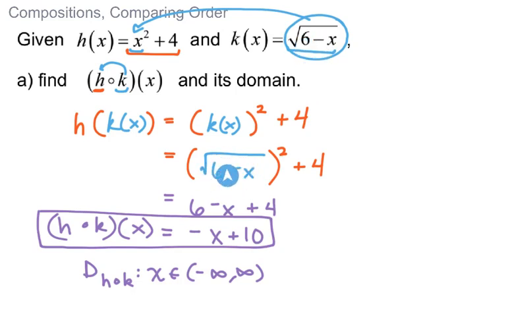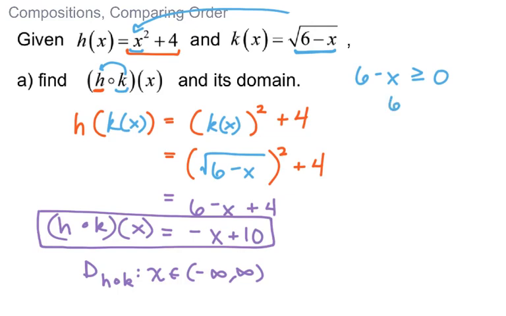There was a square root in here before that square simplified it out. So if I tried to plug a number in here, I could end up with an undefined value because, of course, we know that whenever you're dealing with a square root, the radicand, whatever is under the square root, in this case 6 minus x, must be greater than or equal to 0.